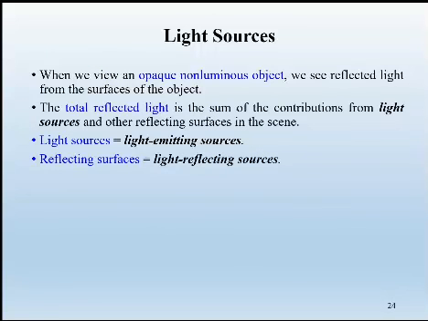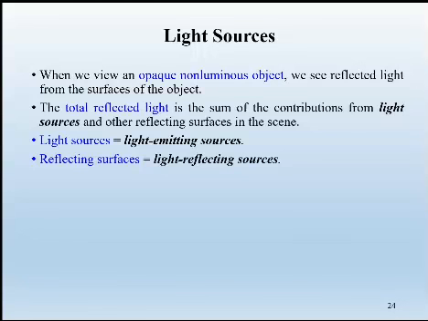Now, we start with the different light sources that we can use to find out the intensity. When we view an opaque non-luminous object, non-luminous opaque meaning a non-transparent object, we see reflected light from the surface of the object. We have already seen an example such as a book.